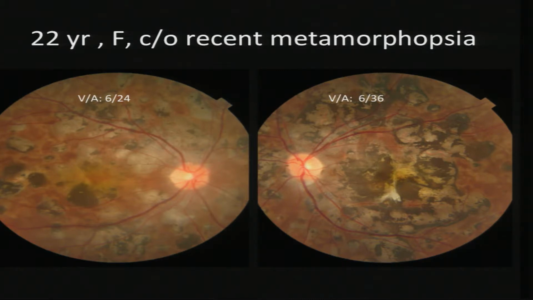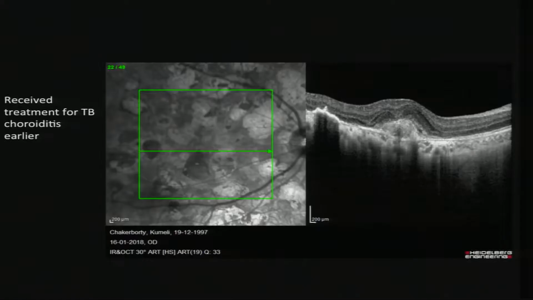When we look at the fundus, we do see there is some amount of subretinal fibrosis here, and the healed lesions. But we do not see any evidence to suggest that there is any active lesion. So she has received treatment for TB choroiditis earlier. The complaint of metamorphopsia is mainly in the right eye.